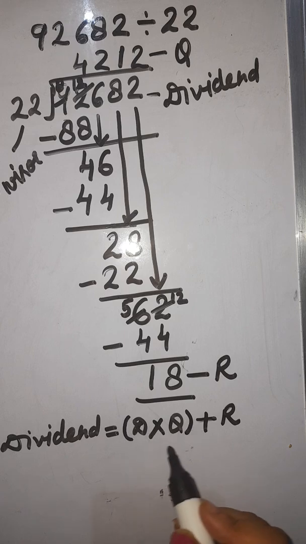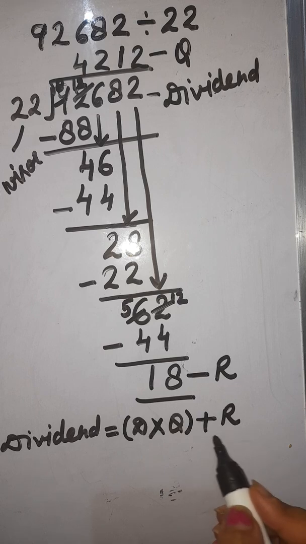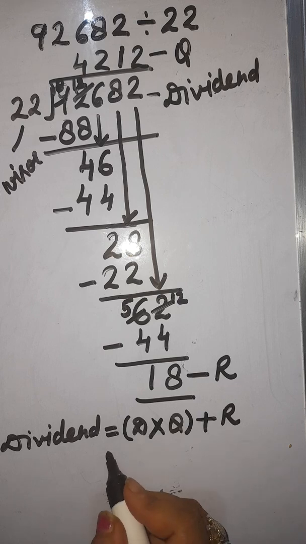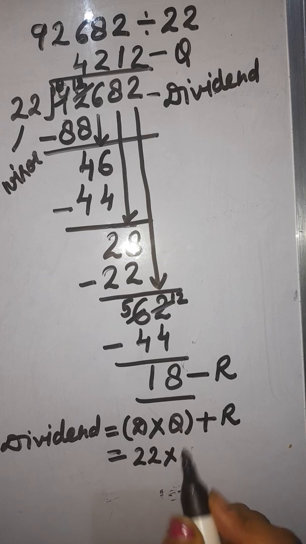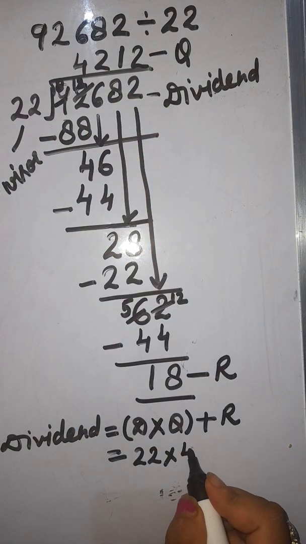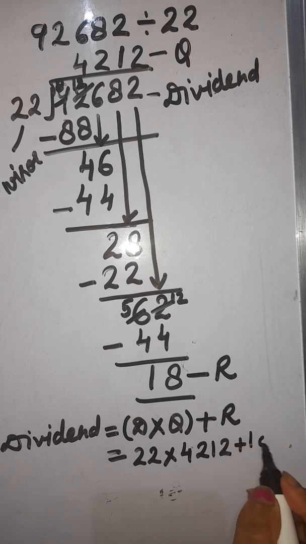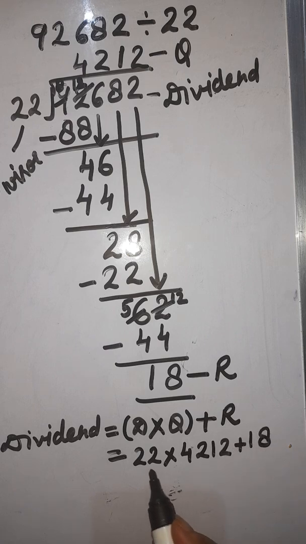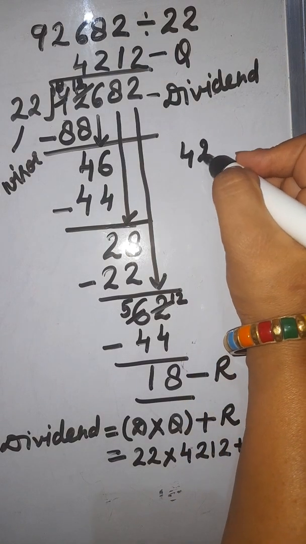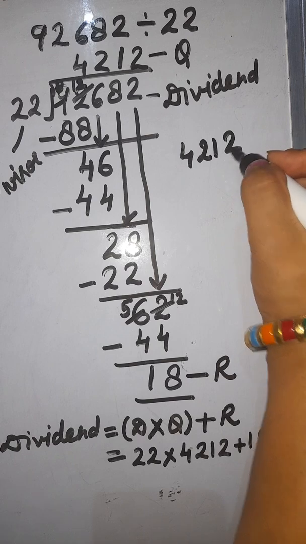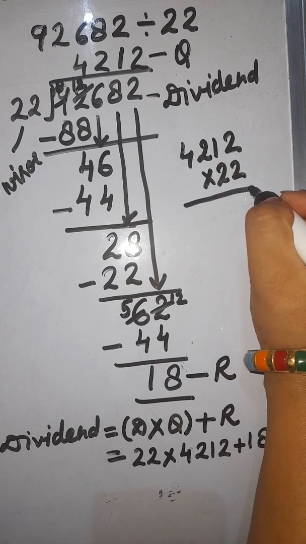We will put it inside the bracket because we will solve the multiplication first, then we will solve the addition. So the divisor is 22 multiplied by quotient 4212 and remainder is 18. Now we'll solve it here. 4212 multiplied by 22.